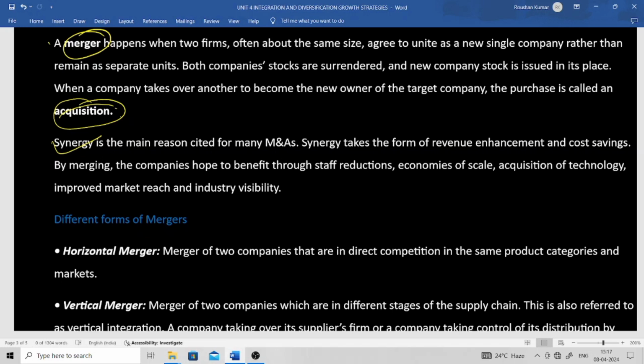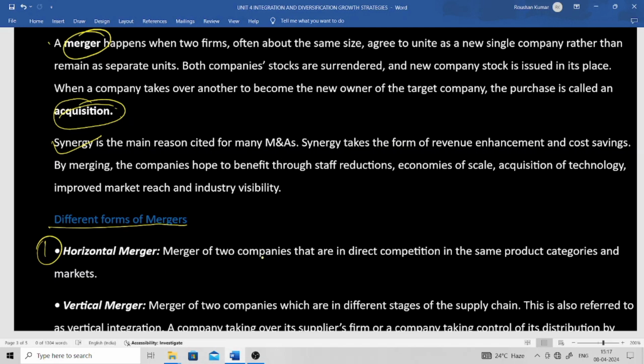Now, different forms of mergers. The first form is horizontal merger. What happens in a horizontal merger? It is a merger of two companies that are in direct competition in the same product categories and markets.